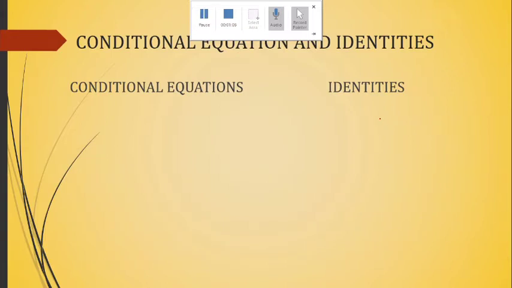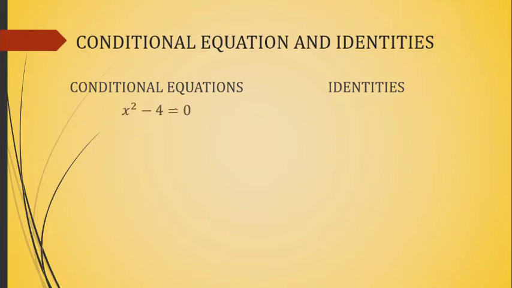For example, x squared minus 4 is equal to 0, and that is true only for x equal to positive and negative 2.